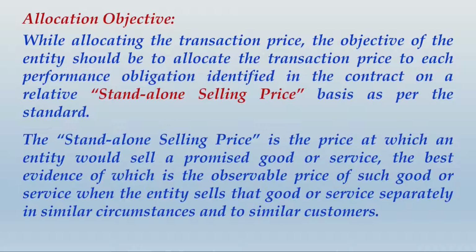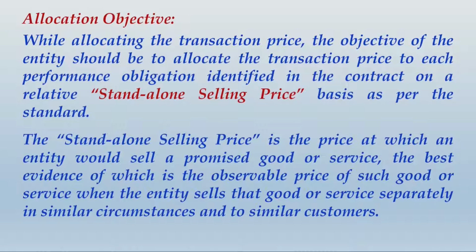The standalone selling price is the price at which an entity would sell a promised good or service, the best evidence of which is the observable price of such good or service when the entity sells that good or service separately in similar circumstances and to similar customers. Please write up these points and then I take you ahead.